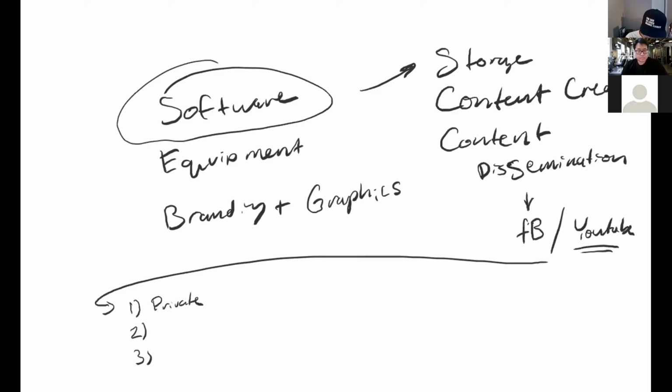Number two is unlisted, and number three is public. So those are the three aspects that you can use to share. Now, you can't password protect. That comes more as an IT issue when we go into content dissemination and management. How do you want to share your content, and how do you want to protect your content?